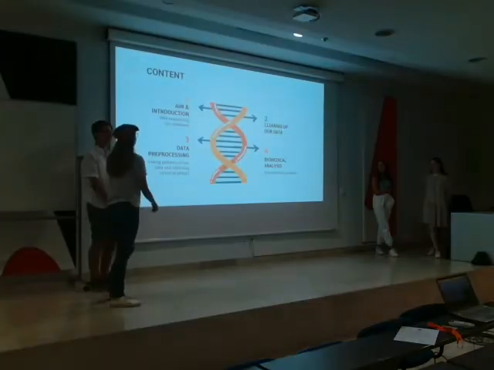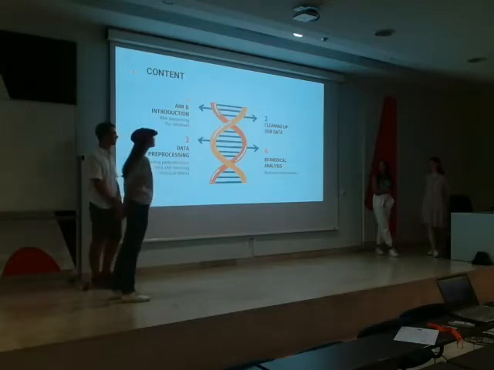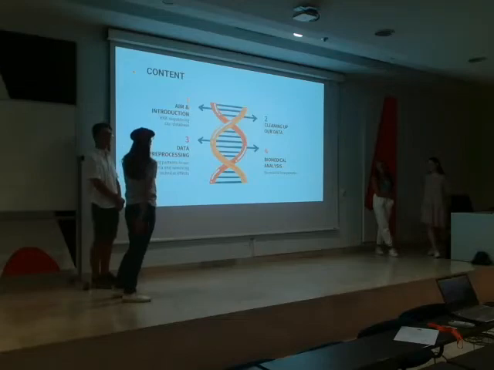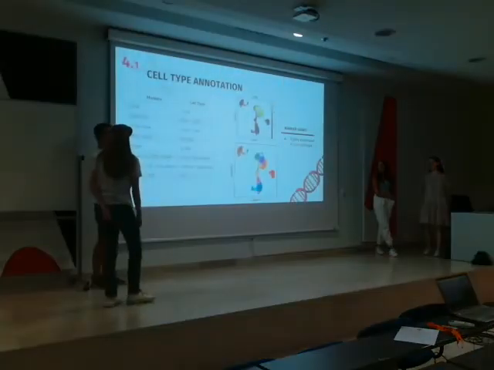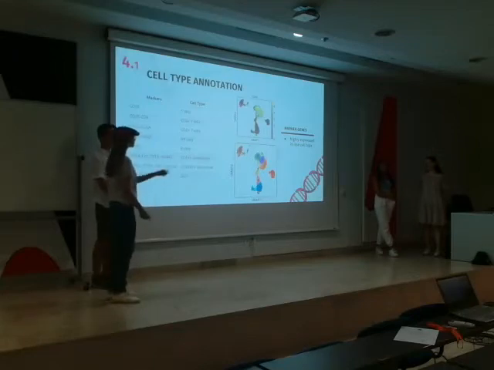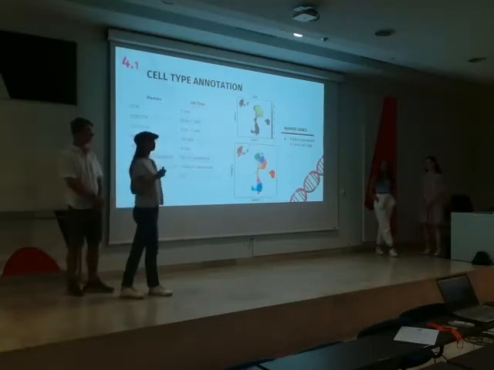Okay. So now our next move is biomedical analysis, where we give all of this biological meaning. First thing we need to do is cell-type annotation. For that we need marker genes. They're really important because they're highly expressed genes in one cell.